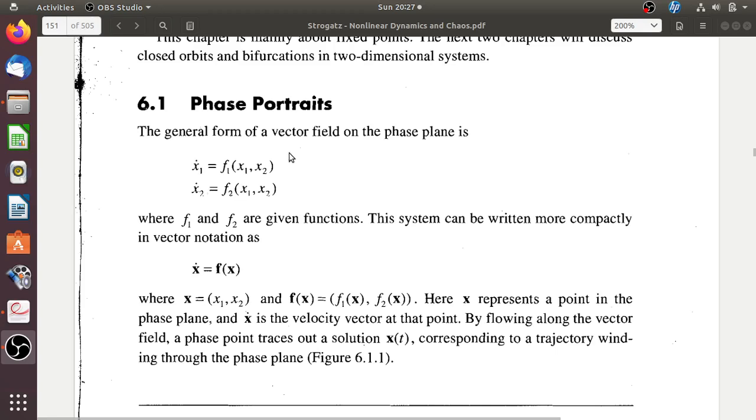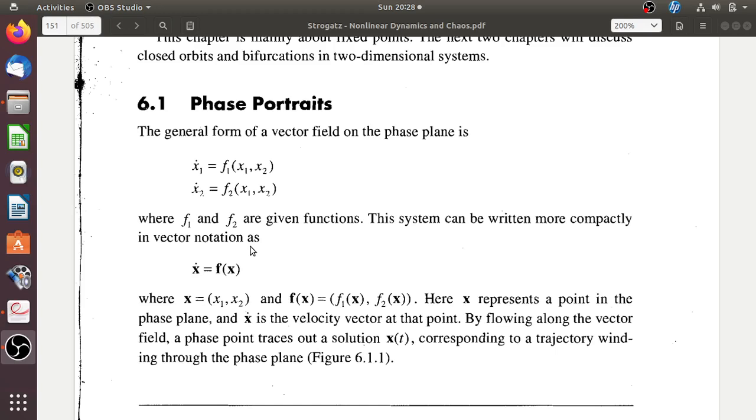Okay, the same thing we could write in vector notation. Now, what we are interested in is, for a given initial condition, say x1 naught and x2 naught, how the state variables are going to evolve as a function of time.